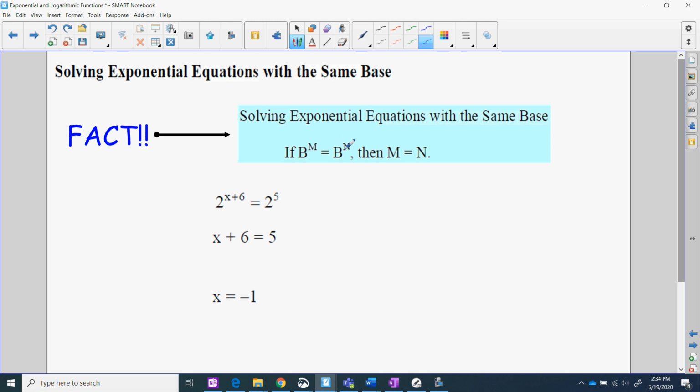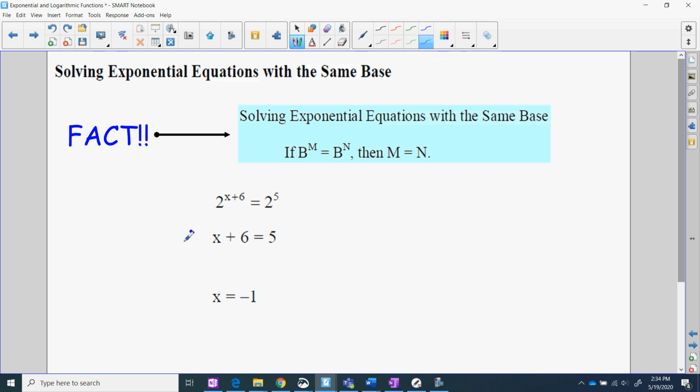as that exponent. So for example, at its most basic level, look down here at this. This is saying I have 2, which would be like your b, and then over here it's the same base. These have to be the same. If this was a 2 and this is a 3, this doesn't work. However, because they're the same base, 2 to the x plus 6 is equal to 2 to the 5 only if the exponent on the left side is the same as the exponent on the right side.